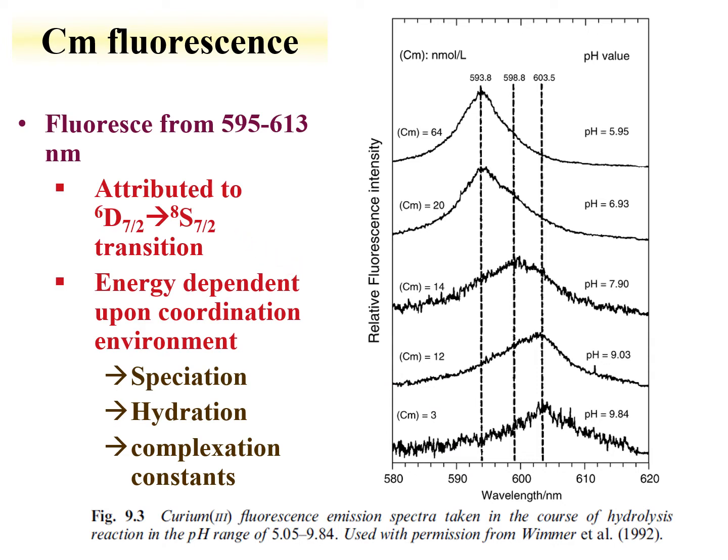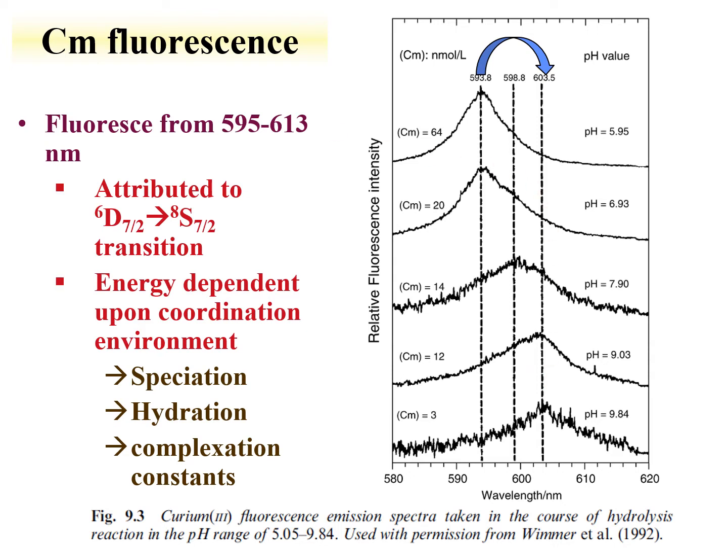Imagine we're doing a titration on curium, we're adding base, so we're increasing the pH from around 6 to close to 10. One of the things we observe is that as the pH increases, we see a shift from this peak to this peak.